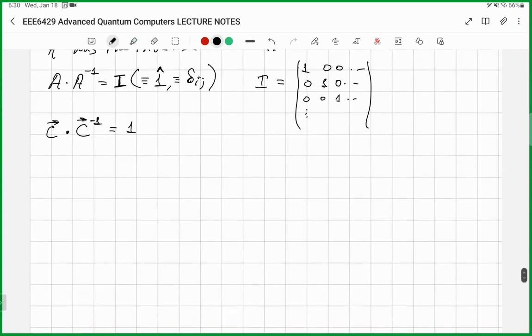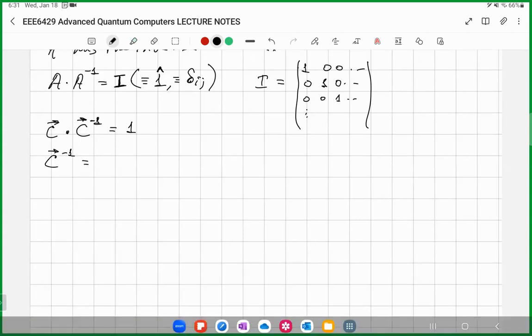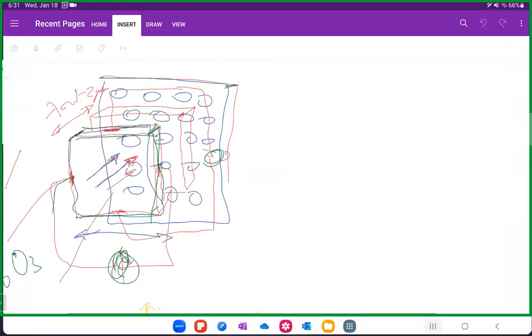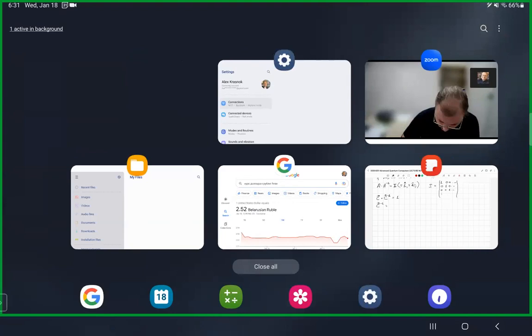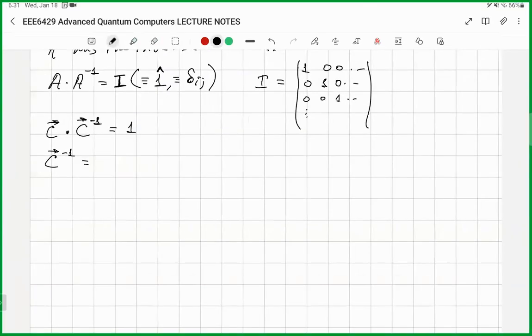So how do I do so? I can see from here that my inverse vector, my C minus 1, is simply equal to what?